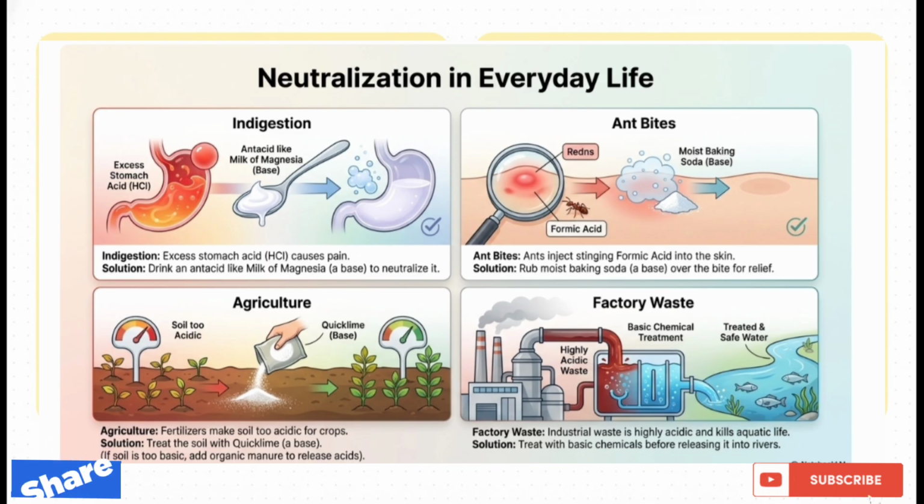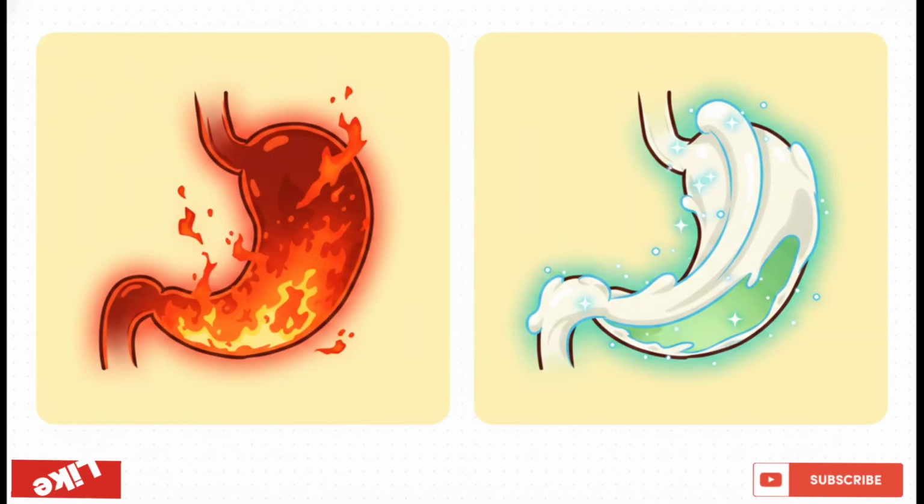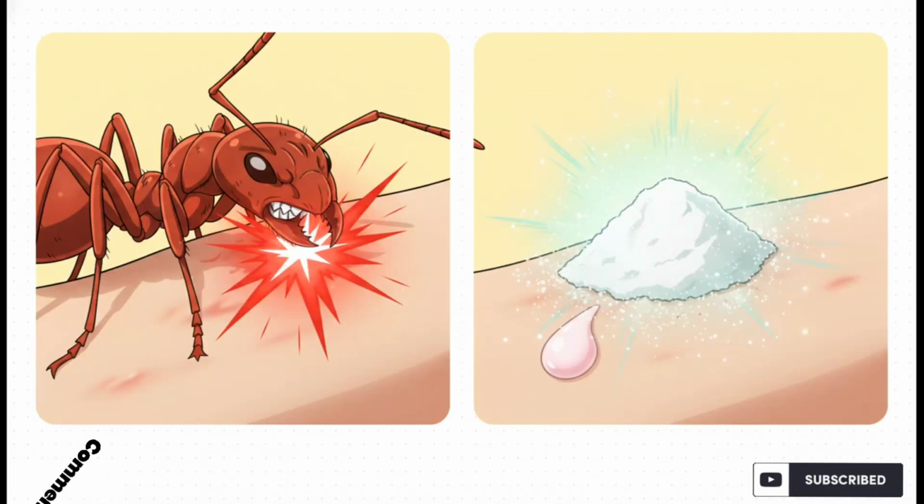The chemical fix? You take an antacid, like milk of magnesia. Milk of magnesia is a base, so it goes down into your stomach, neutralizes all that excess acid, and finally gives you some relief.